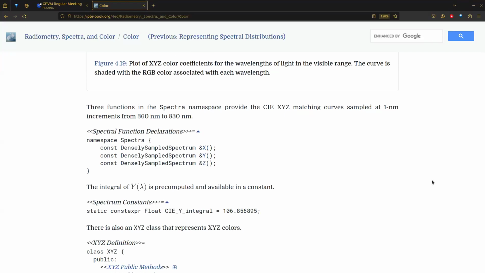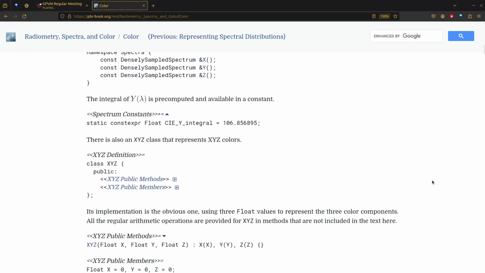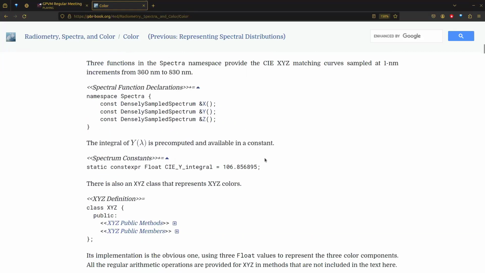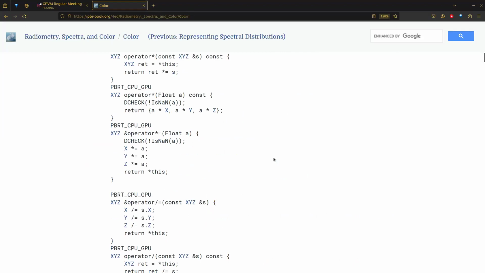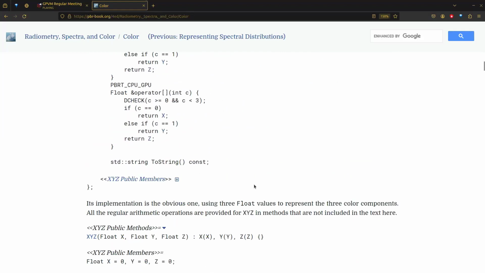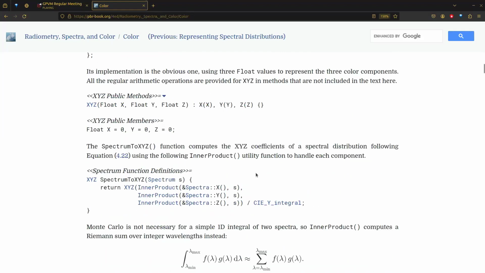Yeah, 360 to 830. Actually, somebody gave me this code, and I wasn't aware that it came from here. So there are some curves where you have a function of wavelength, and you get a point in XYZ space, and you can average in XYZ for spectral rendering.